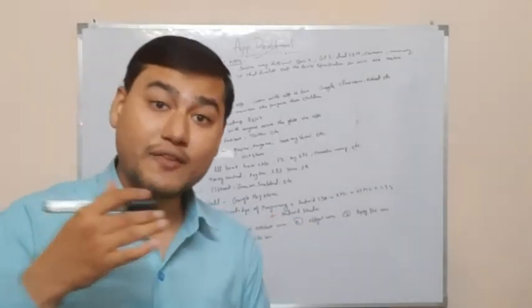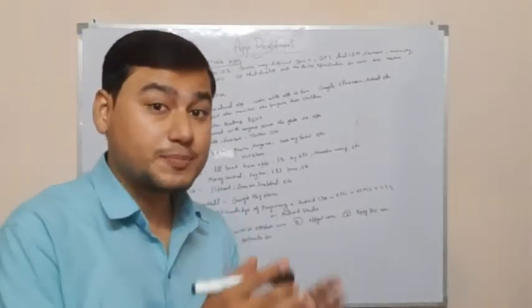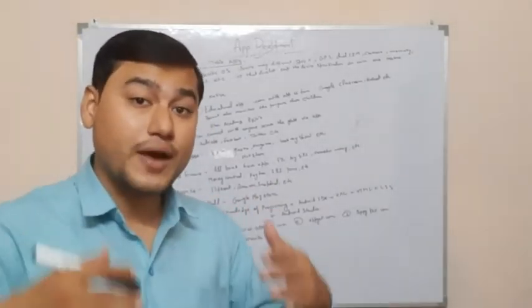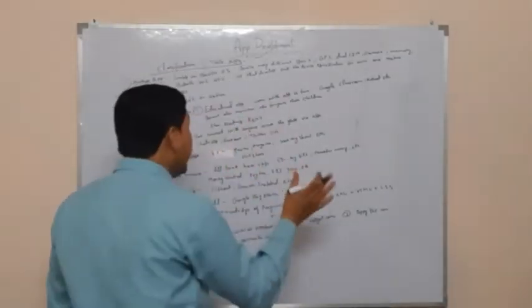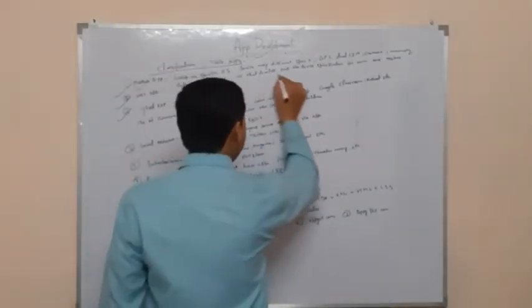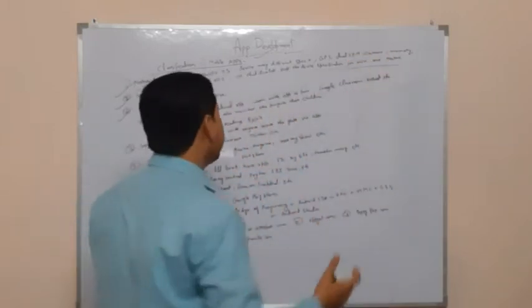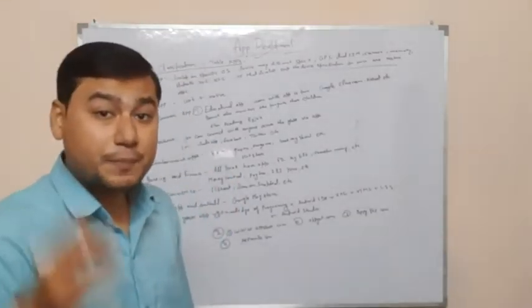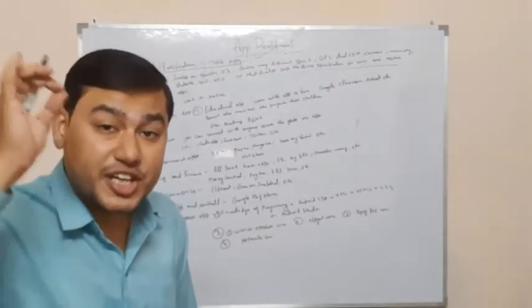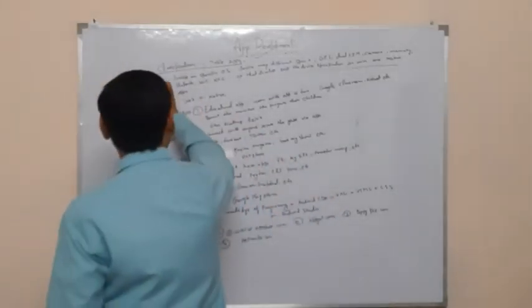Some have GPS, some do not have GPS. The app which is developed keeping the device specification in mind is called a native app.